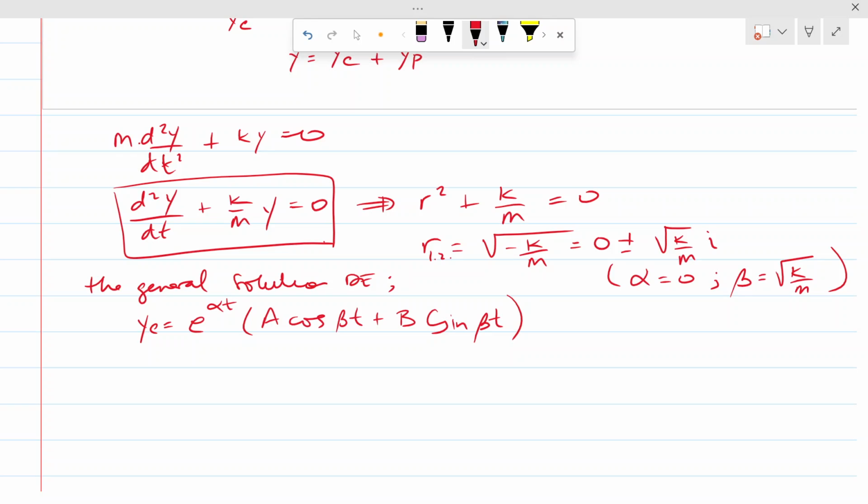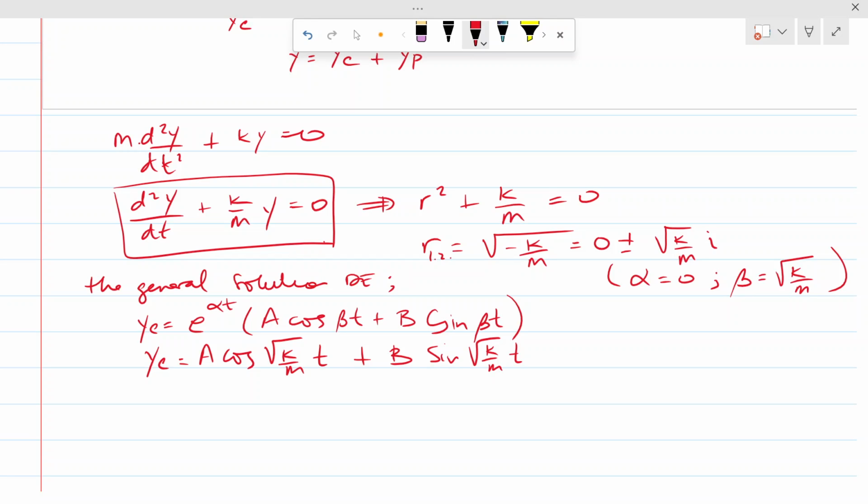Alpha is 0, so we only get a cos square root of k over m times t plus b sin square root of k over m times t.